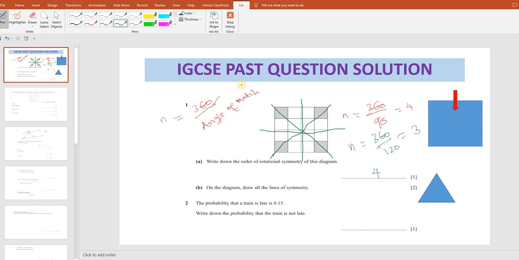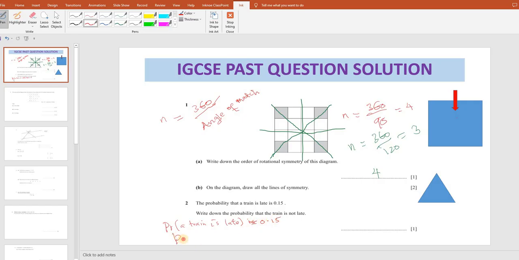Now, number two says that the probability that a train is late is 0.15. The probability that a train is late is equal to 0.15.